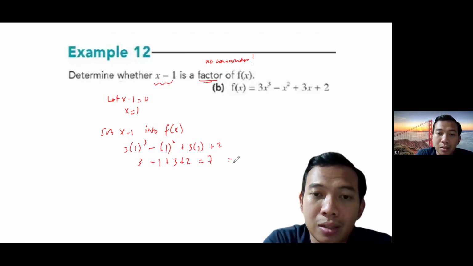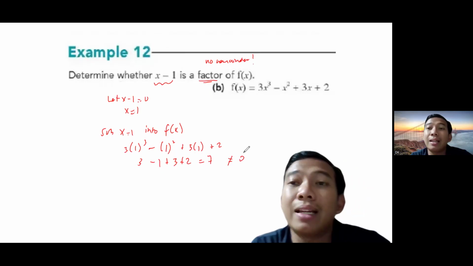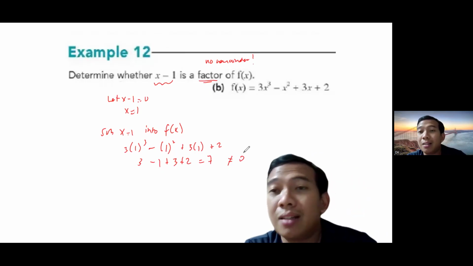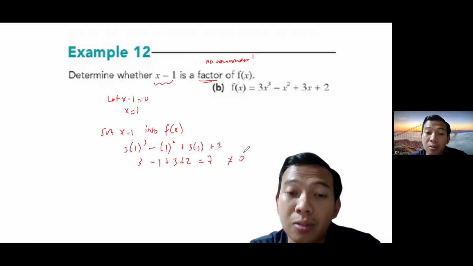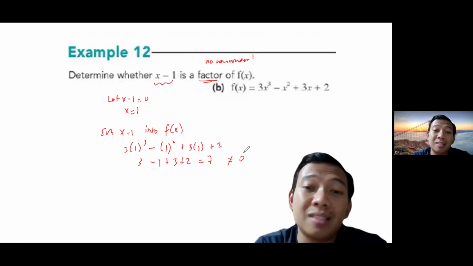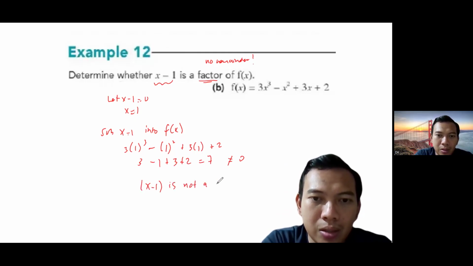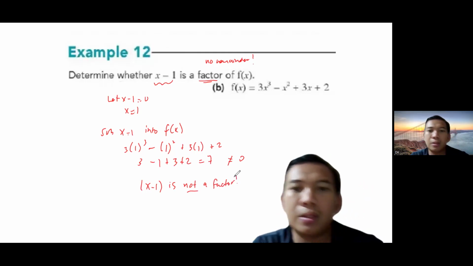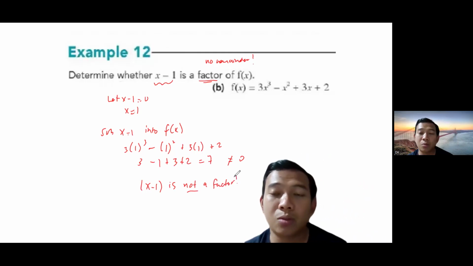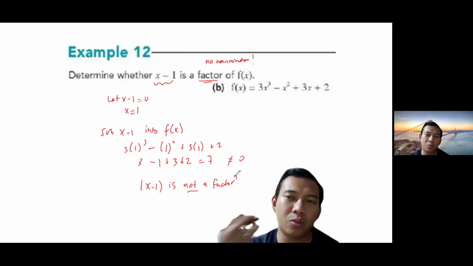So you see, you still get a number, not equal to 0. You get 7, which means it's a remainder. So x minus 1 is not a factor, because you don't get equal to 0.